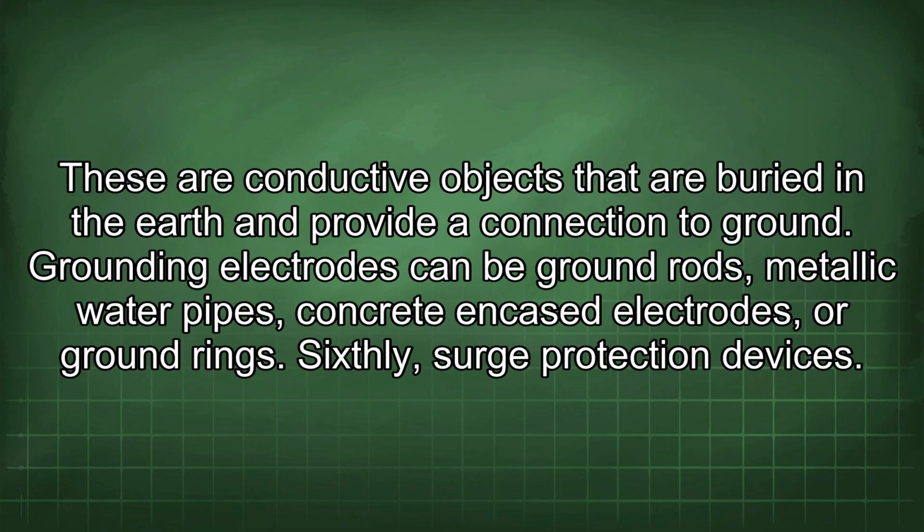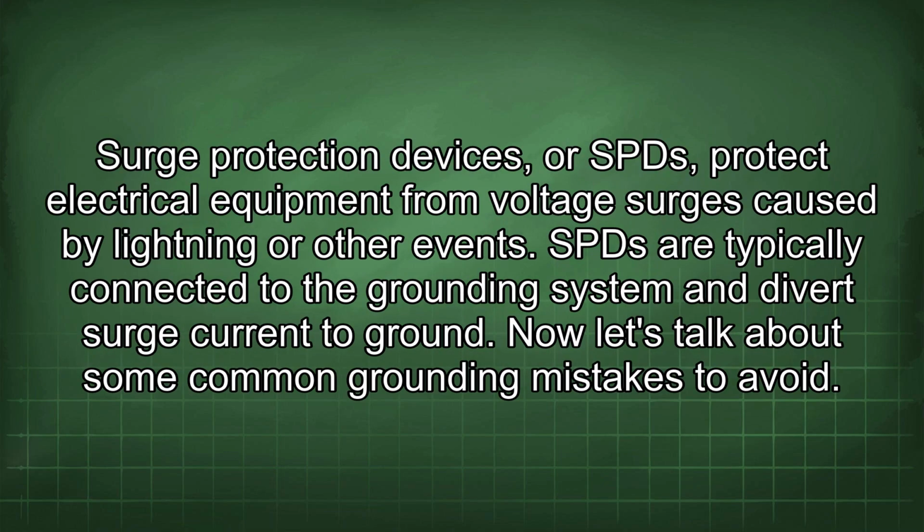Grounding electrodes can be ground rods, metallic water pipes, concrete encased electrodes, or ground rings. Sixthly, surge protection devices. Surge protection devices, or SPDs, protect electrical equipment from voltage surges caused by lightning or other events. SPDs are typically connected to the grounding system and divert surge current to ground.